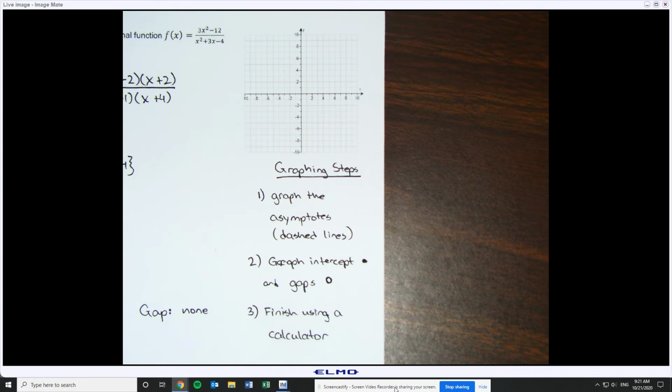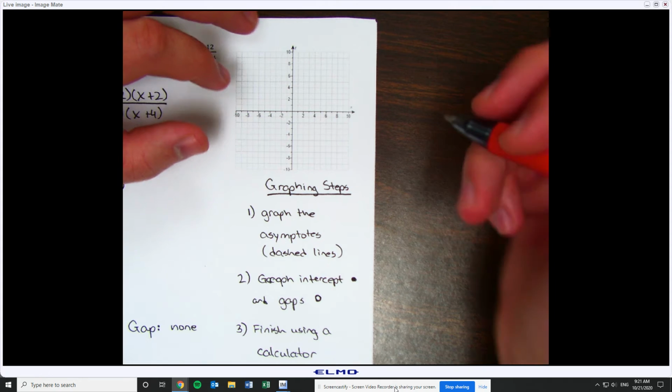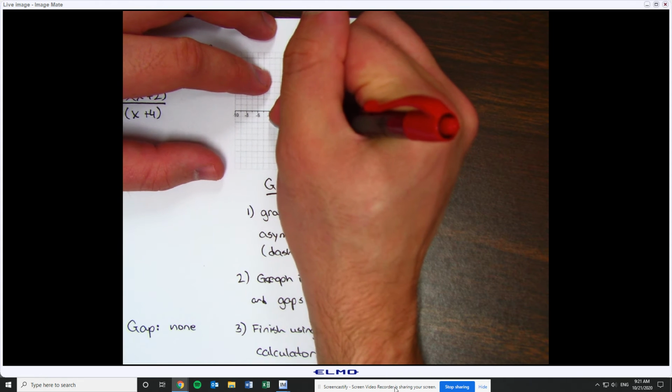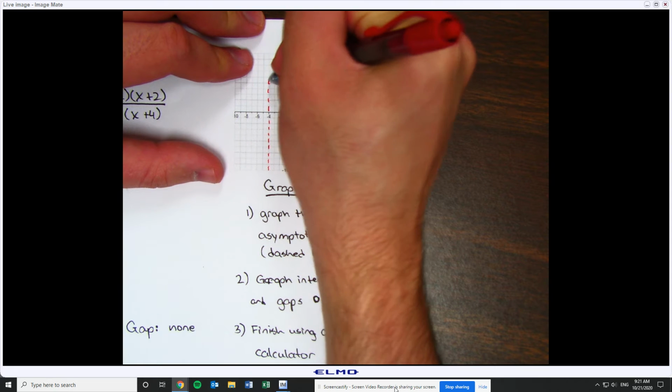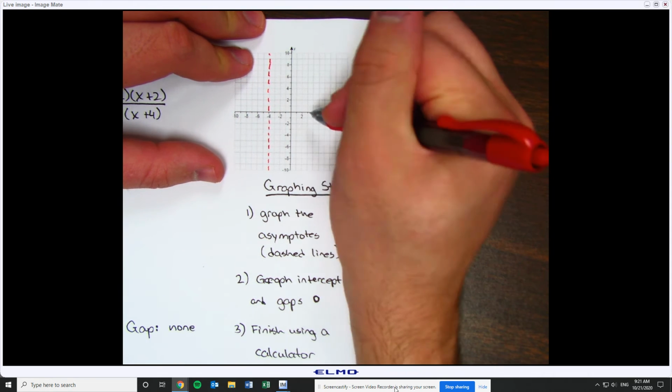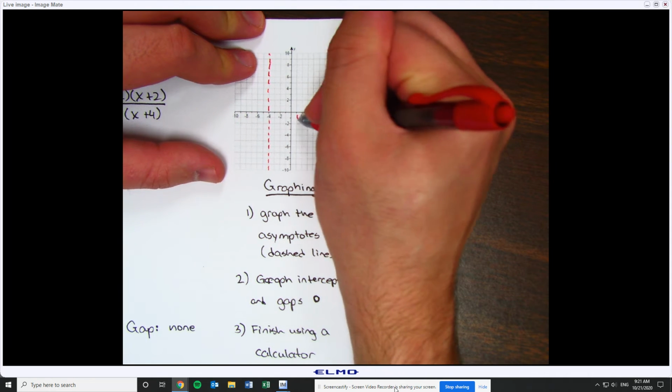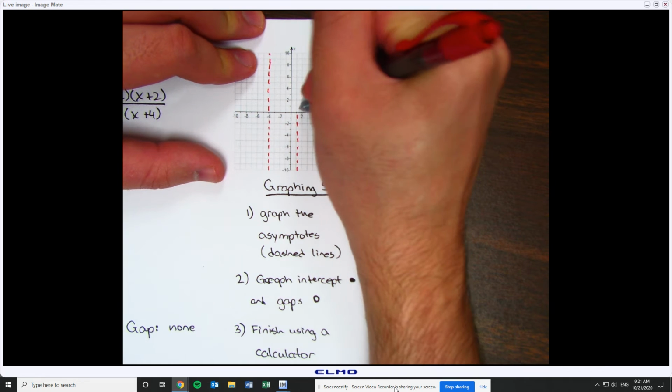All right, so on this one, I'm going to start with my asymptotes. I see that I have two vertical asymptotes. So my vertical asymptotes on here are at 1 and -4. So right here at -4, I'm going to go vertical by putting my dashed lines. And then at 1, I'll do a dashed line as well, up and down.